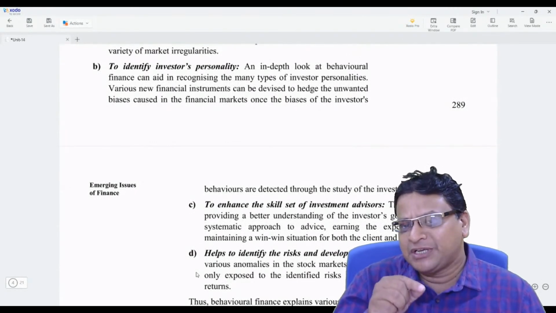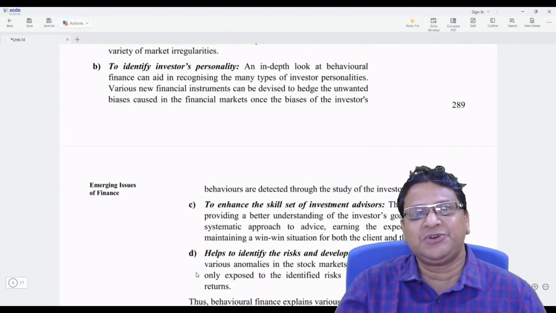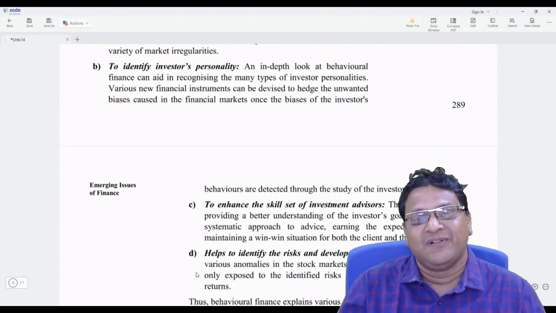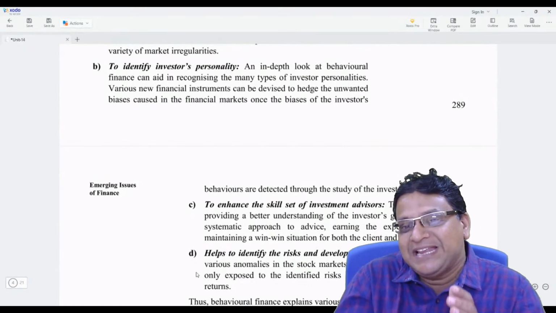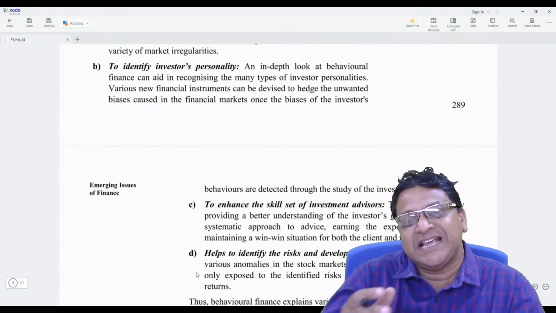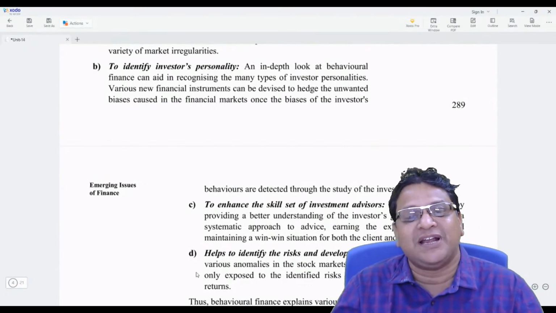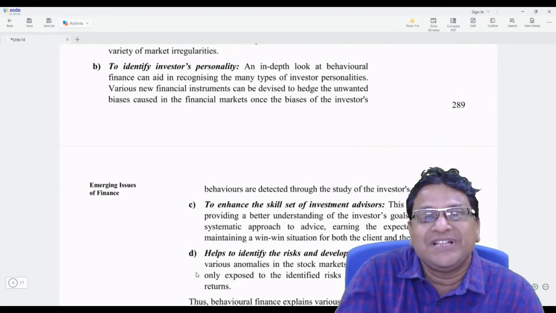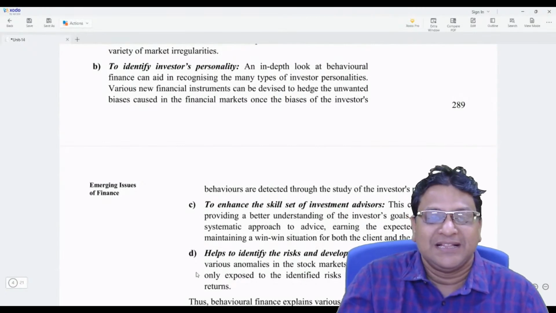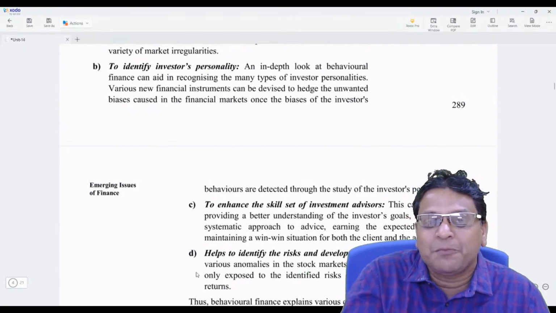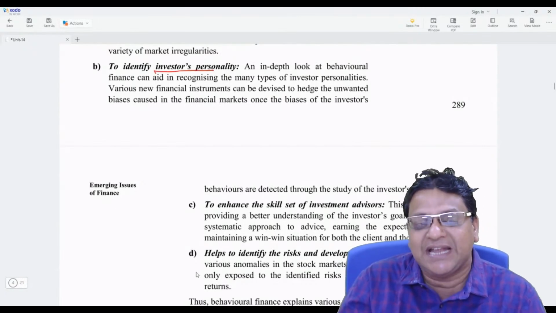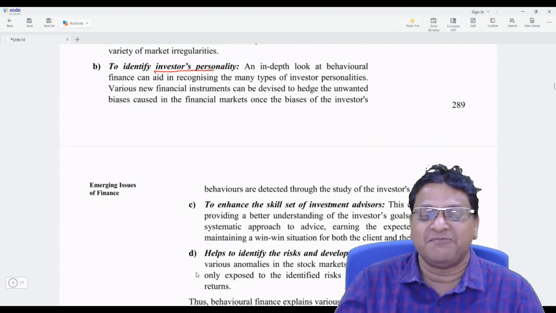Behavioral finance takes a deep look into the personality of the investor, and how their investment behavior changes as per their personality. Personality has an impact on the investment decision of the investor, and this is how personality affects the investment decision. This is the second scope of behavioral finance.